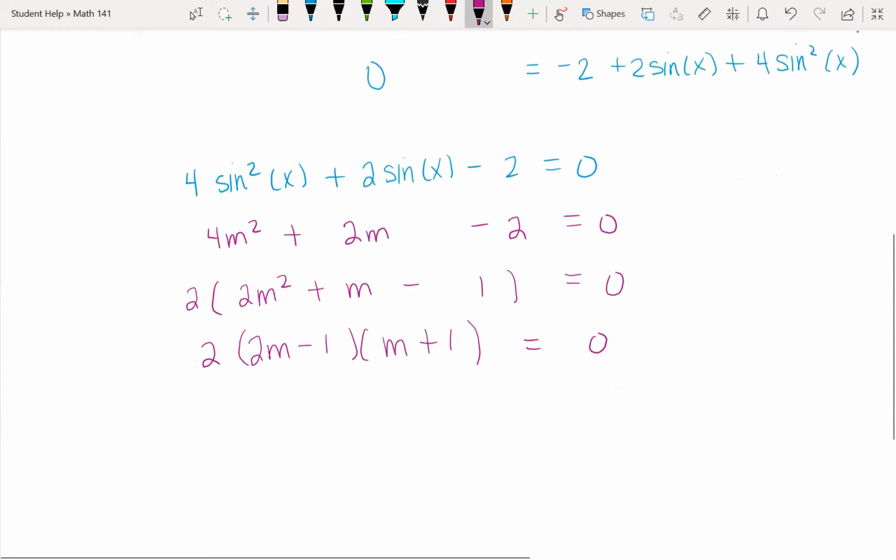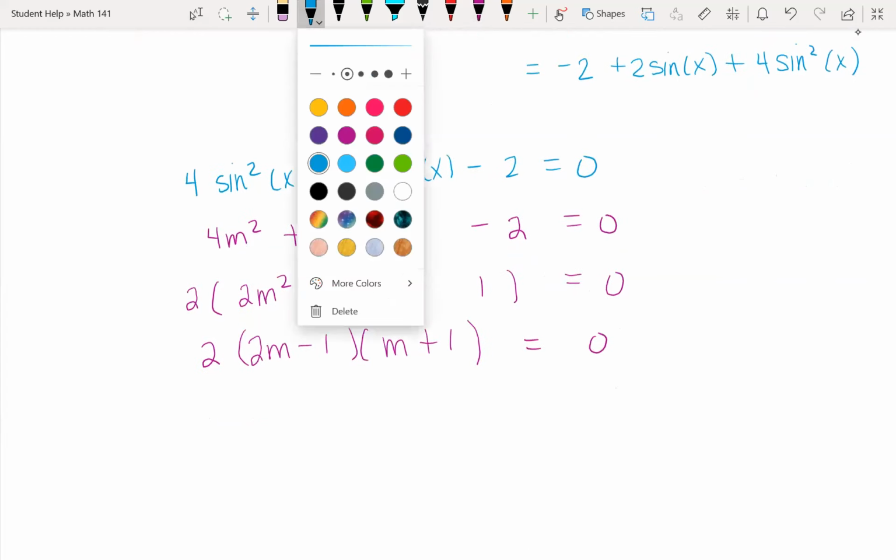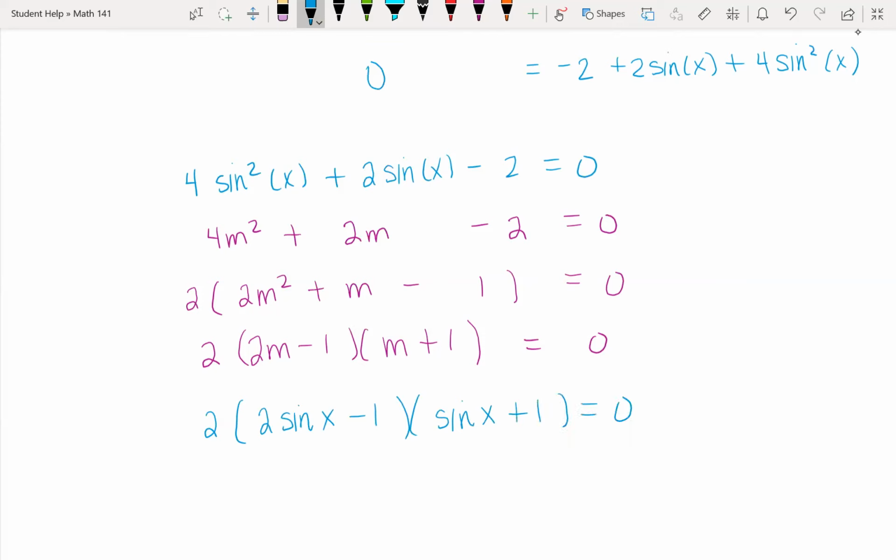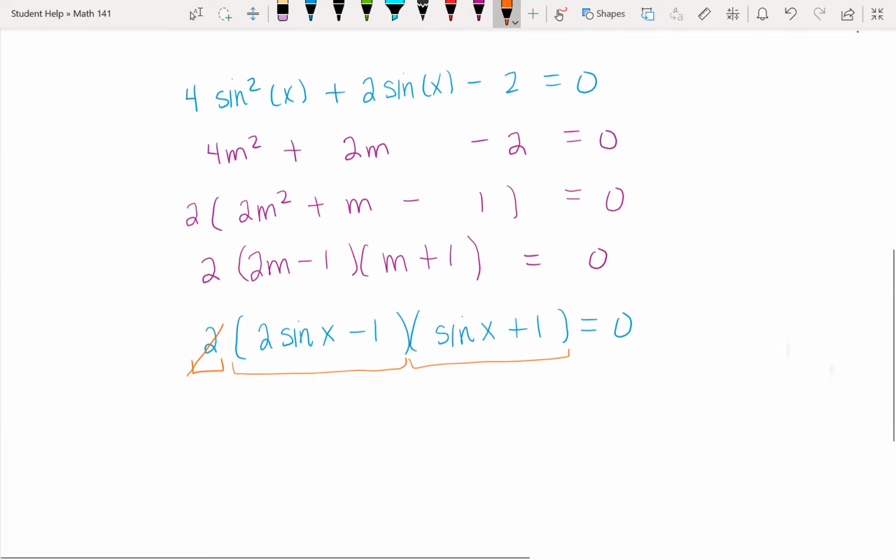All right, so changing back to sine, we have 2 times 2 sine of x minus 1 times sine of x plus 1. We have 3 different things multiplied together equaling 0, right? We know that this can't equal 0, so we can ignore it.